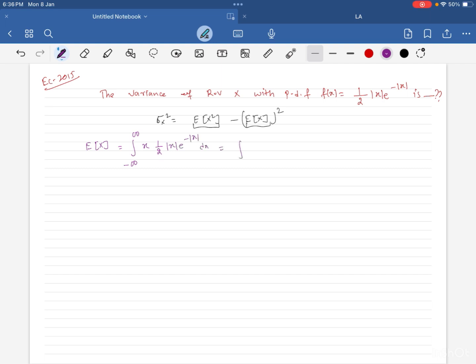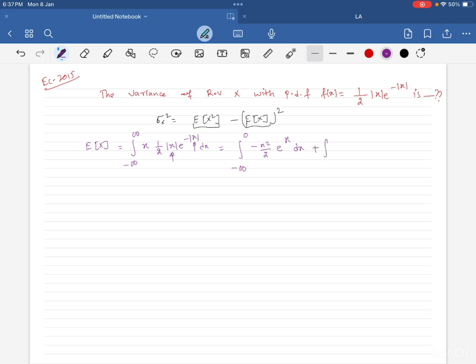We can open the mod part. From minus infinity to 0, the mod will open up with the negative sign, then it will be minus of x square divided by 2 e to the power x dx, right? Because this mod will open up with negative, then negative, negative, positive.